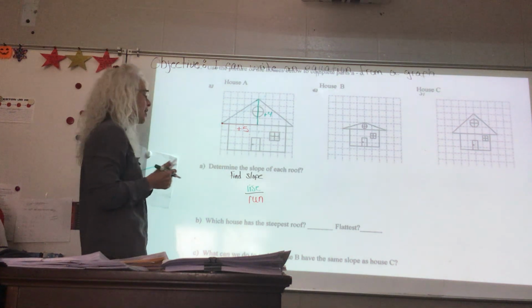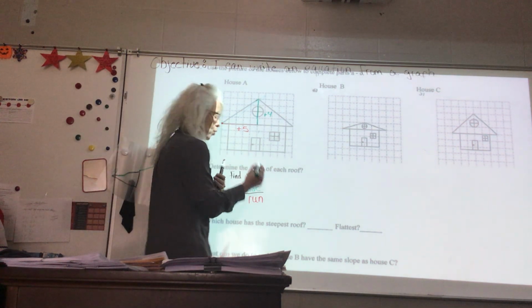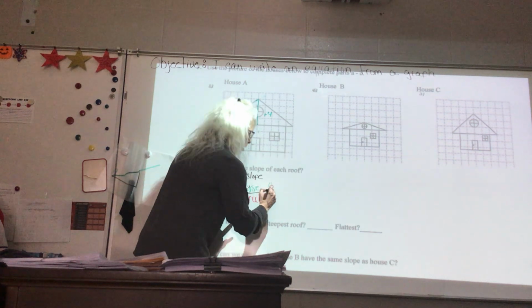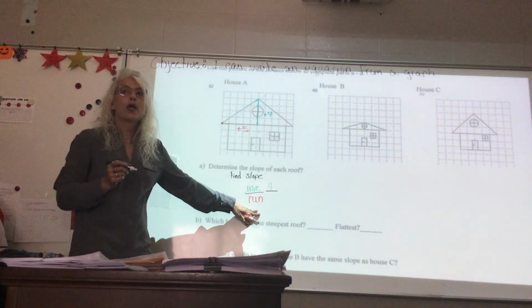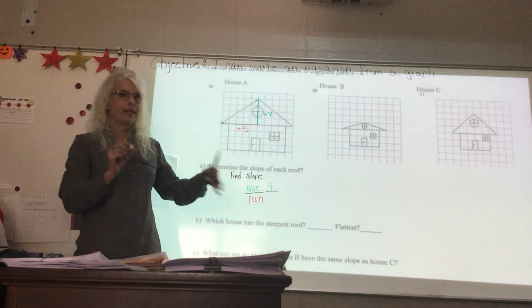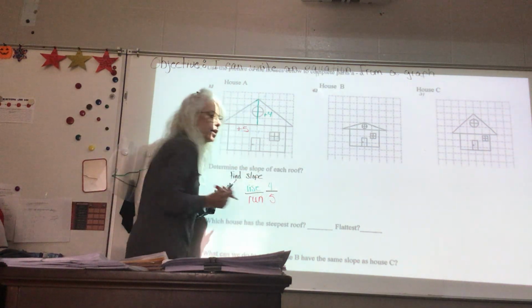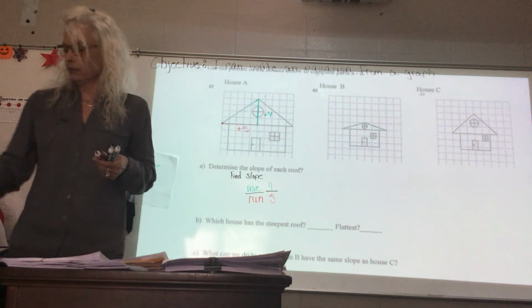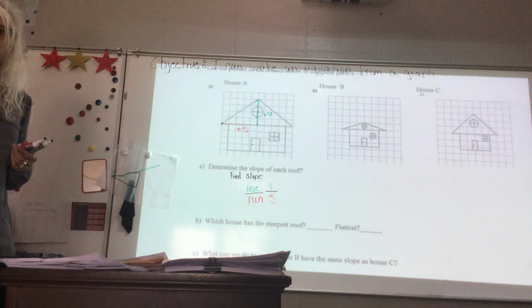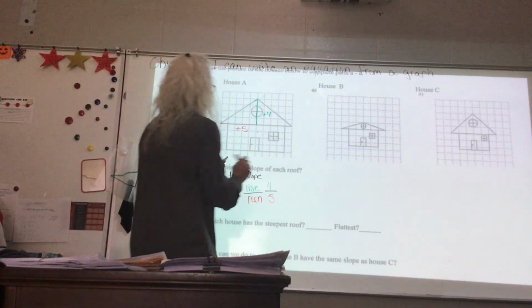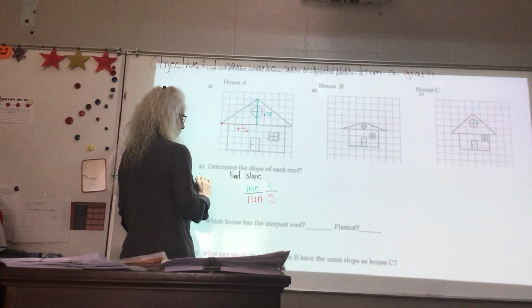The 4 or the 5? 4. And then what is the change in my horizontal movement? Which number? 5. Get caught up. This is house A.